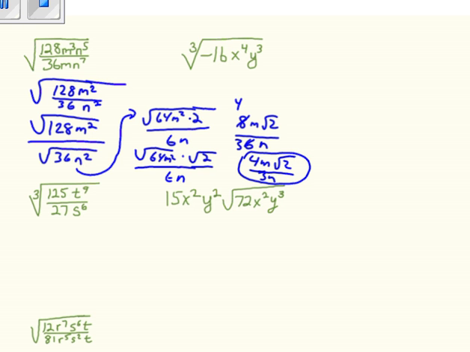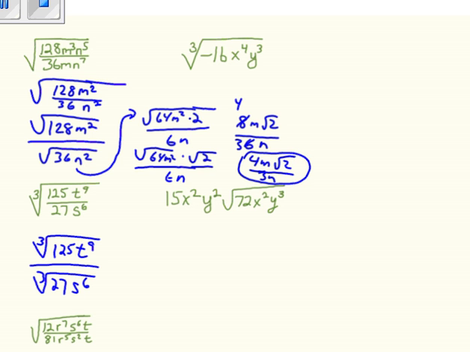Okay. So cube root of 125 t to the 9 over 27 s to the 6. Well, the good news here is everything's a perfect cube in this one. So I'm going to distribute the radical and get cube root of 125 t to the 9 over the cube root of 27 s to the 6.